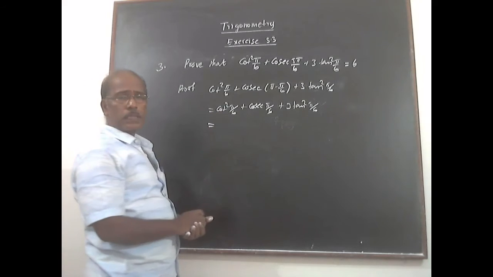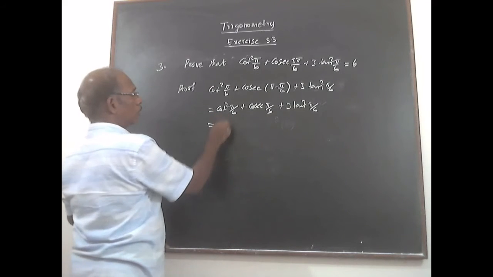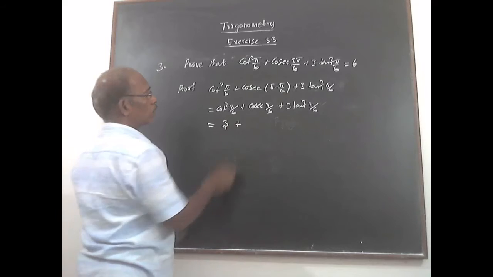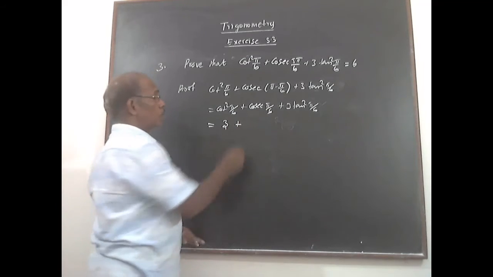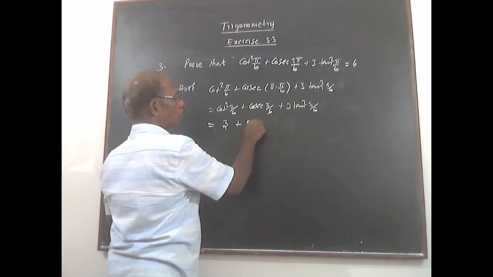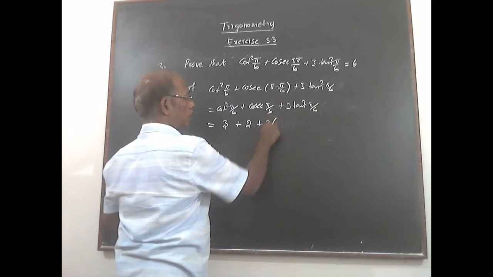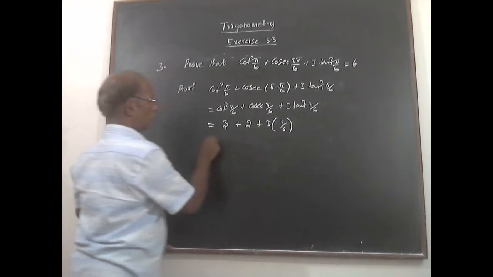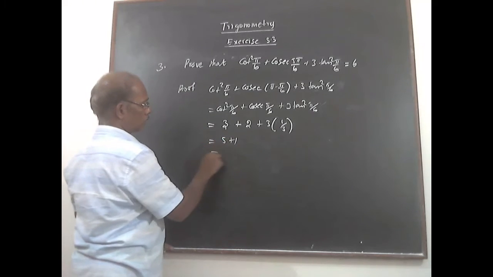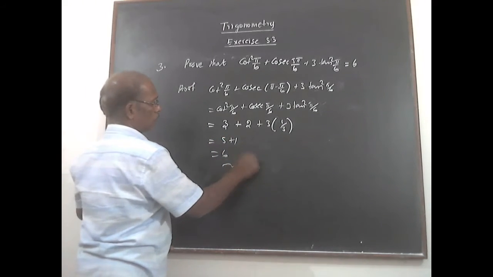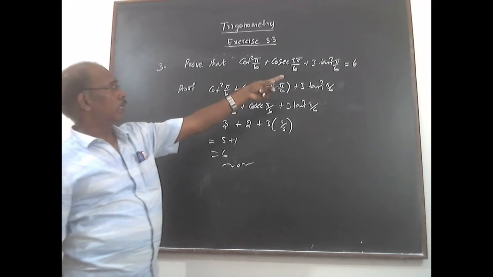Cot pi by 6 is root 3, square 3; cosecant pi by 6 is 2; plus 3 tan square pi by 6 is 1 by 3. So 5 plus 1 is equal to 6. Okay, so this is the final and required answer, and copy it.